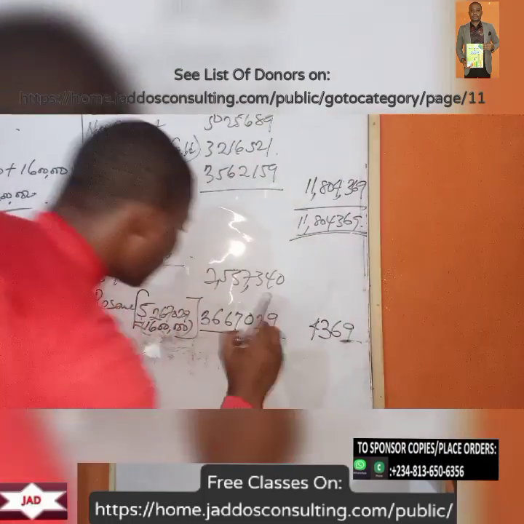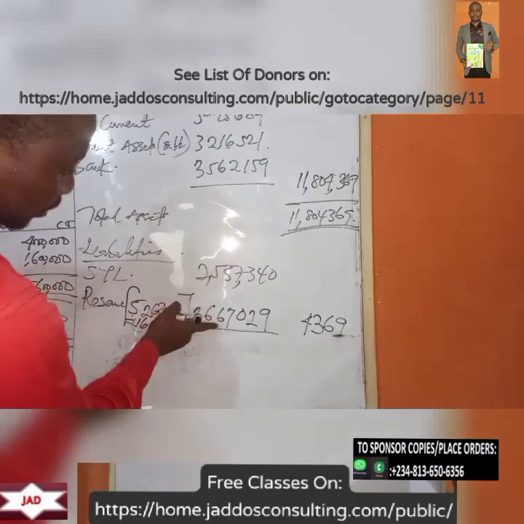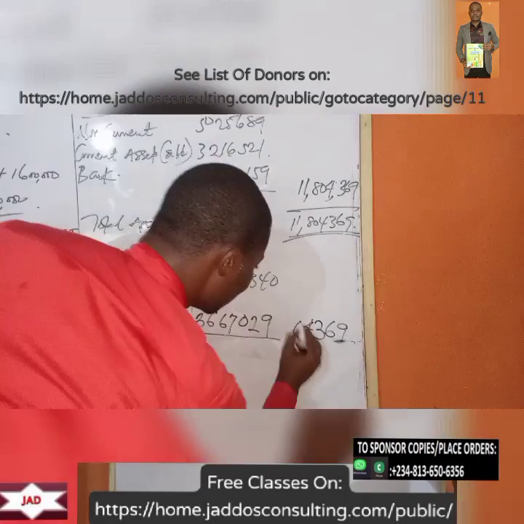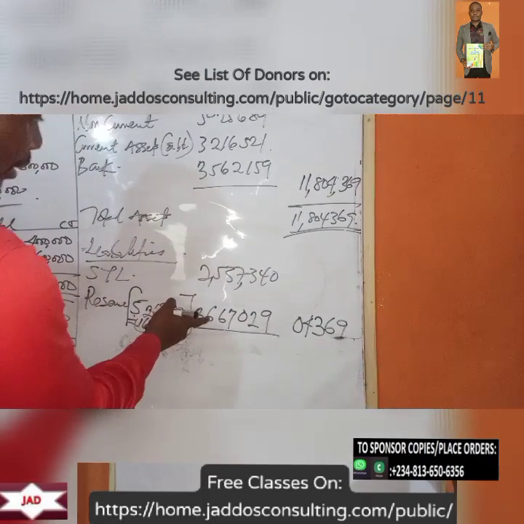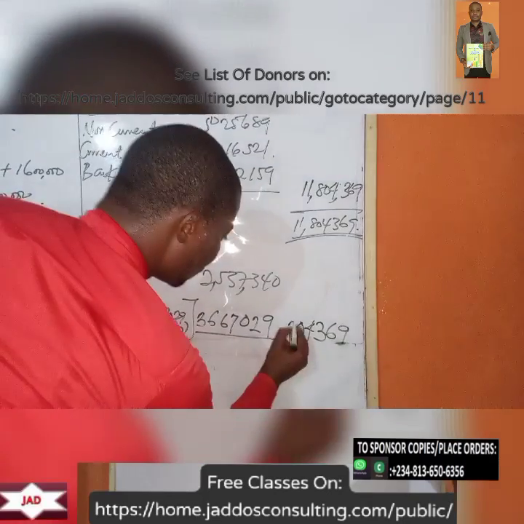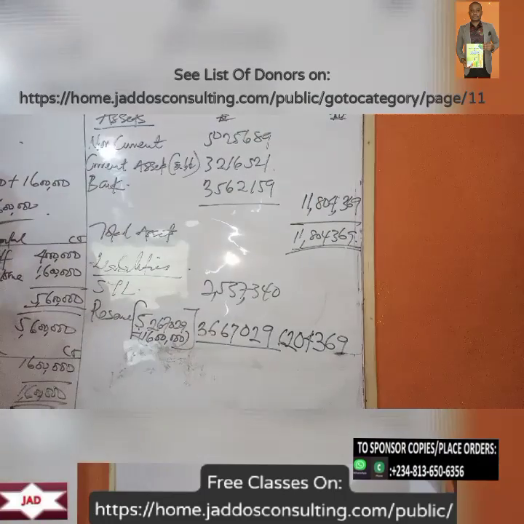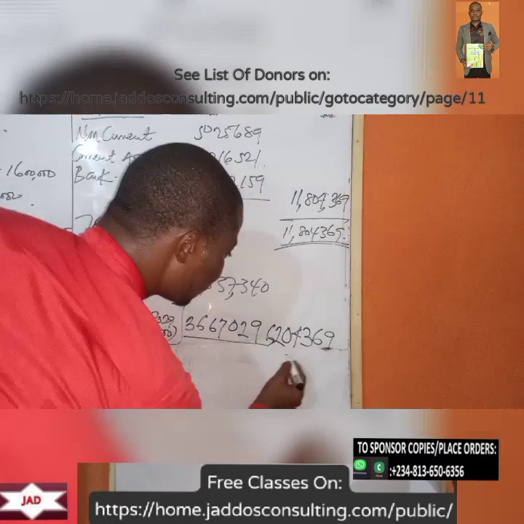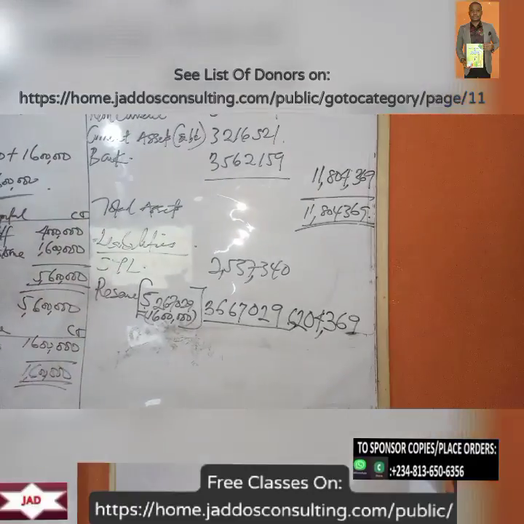Right hand 4. Carry 1. This is 3. That will be 4. 4 plus 6 will be 10. 0. Carry 1. This will be 6. 6 plus 6 will be 12. 2 carry 1. 5. That will be 6. So we have 6204369.